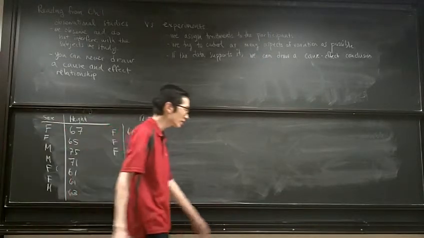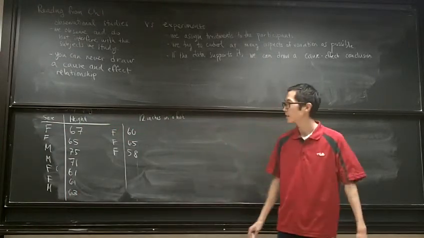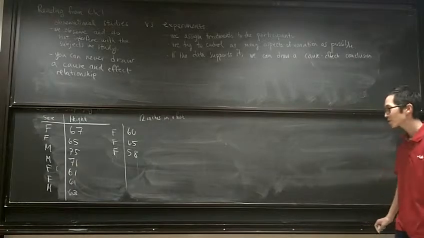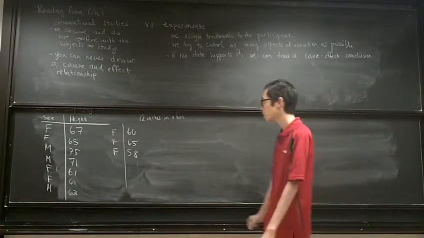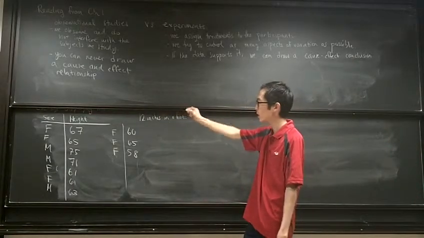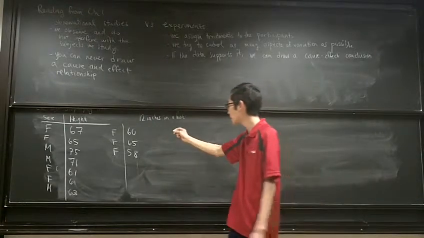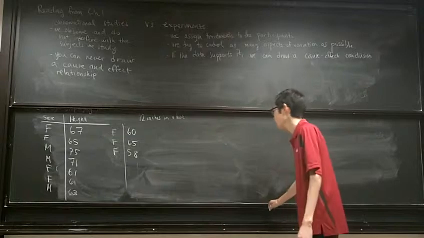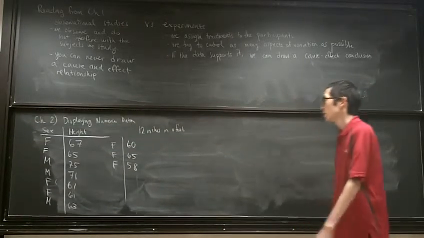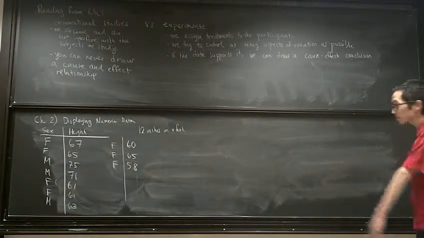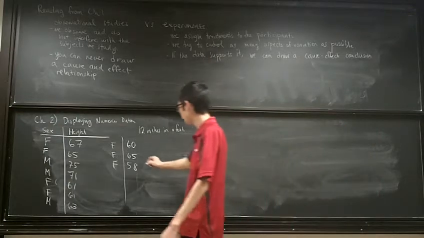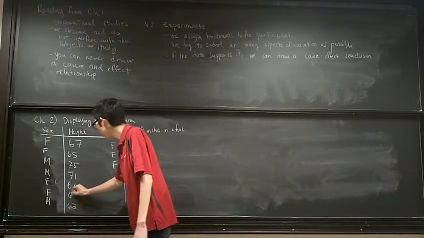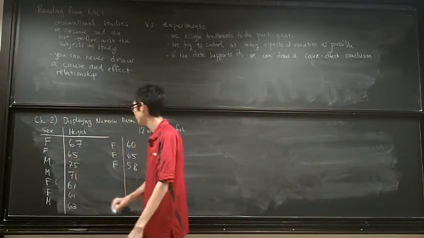So we have collected two things, two variables. Sex is categorical and height is numeric. All right, and I have data on 1, 2, 3, 4, 5, 6, 7, 8, 9, 10 students.